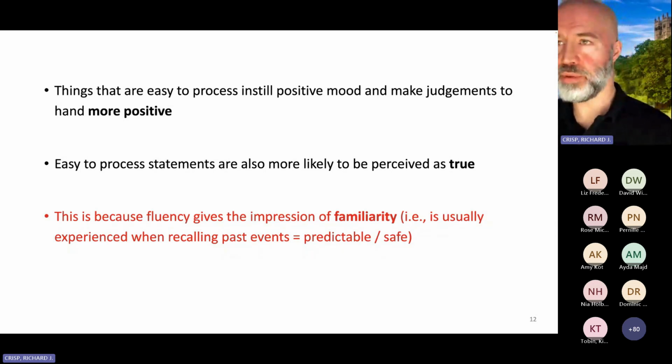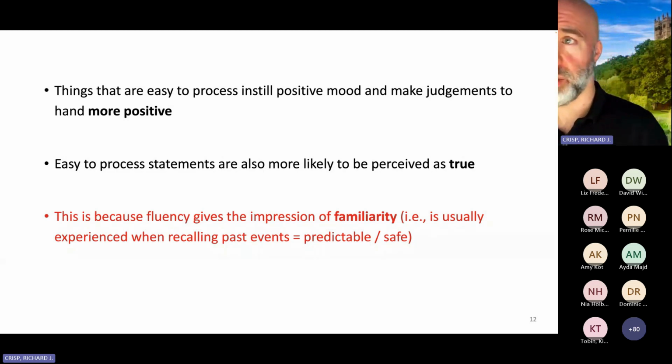Now, the reason why perceptual processing fluency has these positive benefits is rooted in our evolution as a species. Fluency, the feeling that something is easy to process, is essentially an impression of familiarity. In other words, when something is familiar to us, we've experienced it before, it's high in processing fluency. And so this is a gut feeling that makes us think that whatever we're seeing, we've experienced before, even if we haven't.